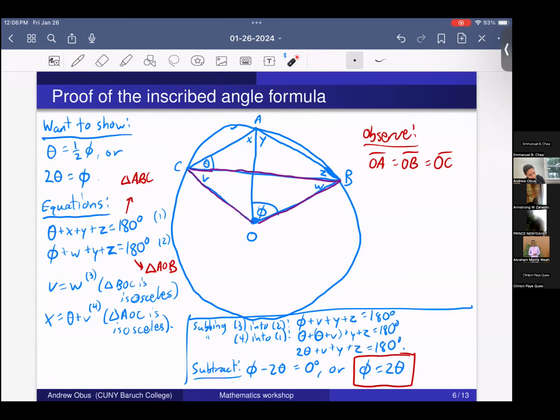And then from the isosceles triangles, we get that V equals W, and also that X is equal to theta plus V. And once we have that, we can do some algebraic substitutions, and we end up deriving that 2 theta is equal to phi. Okay, so this proof is a little bit complicated, but it's telling us that the central angle is always twice the inscribed angle when they have the same arcs.